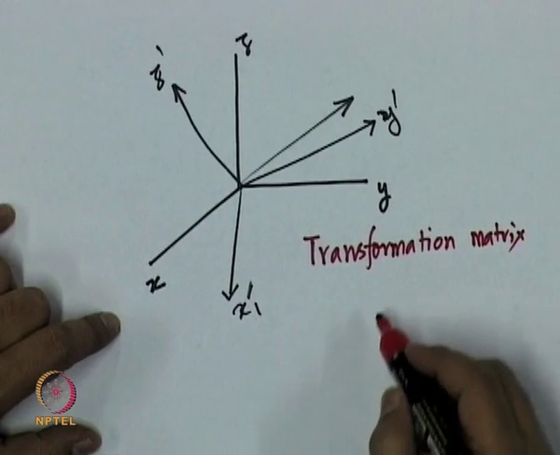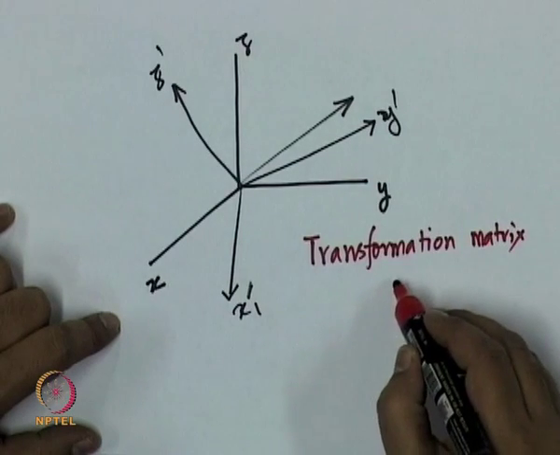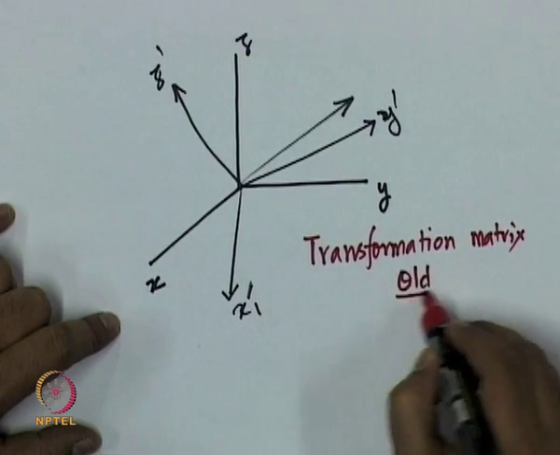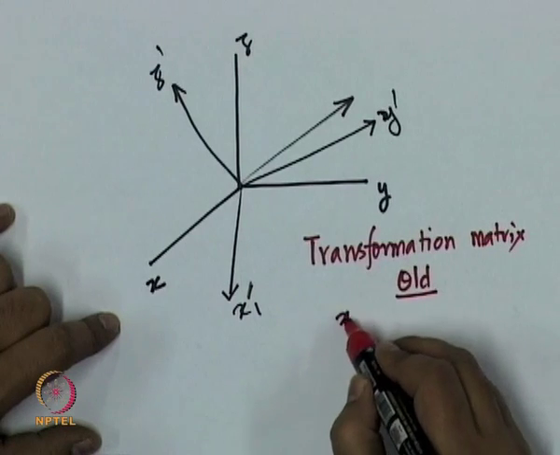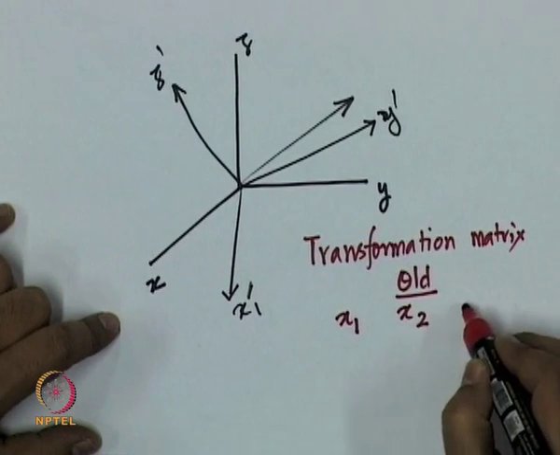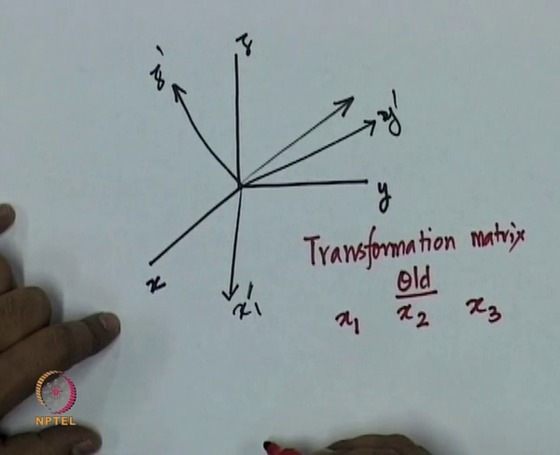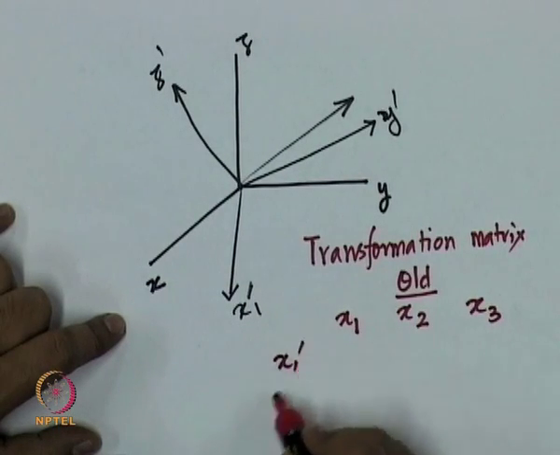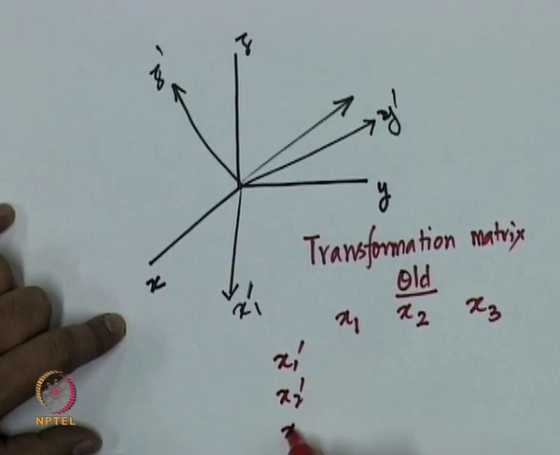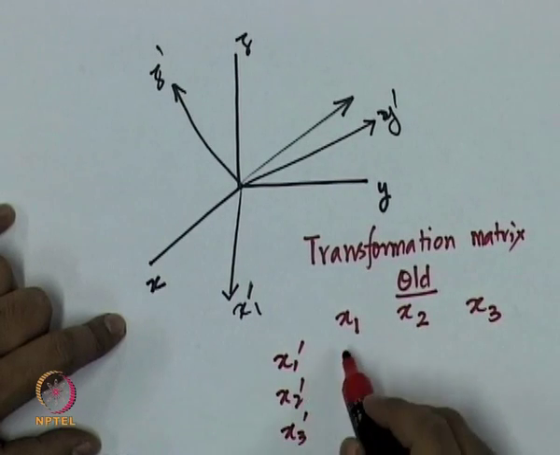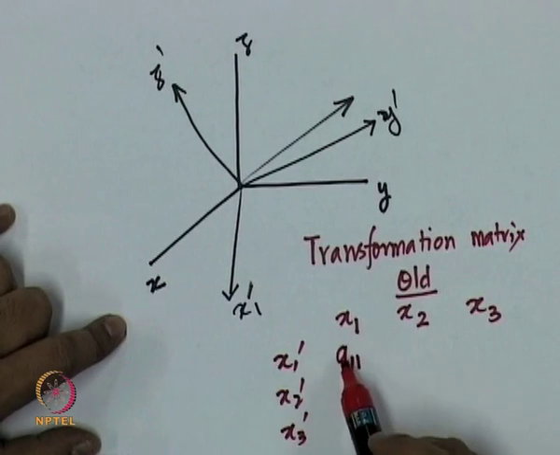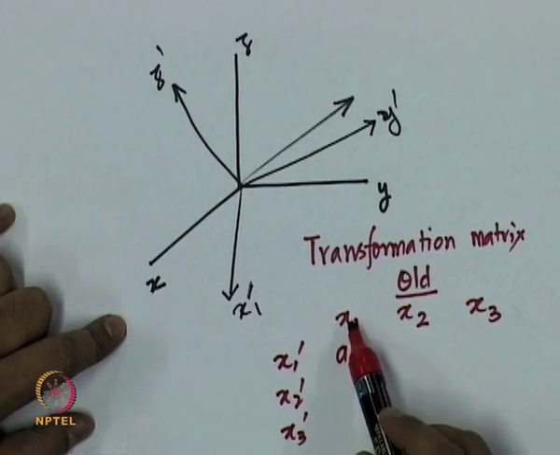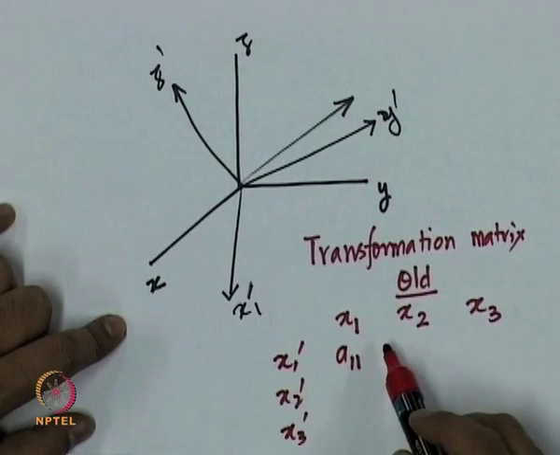What is a transformation matrix? So, you have all the old frame of reference here, x1, x2, x3, and you have the new frame of reference here, x1 prime, x2 prime, x3 prime. The A11 is, for example, the direction cosine between 1 and 1 prime.